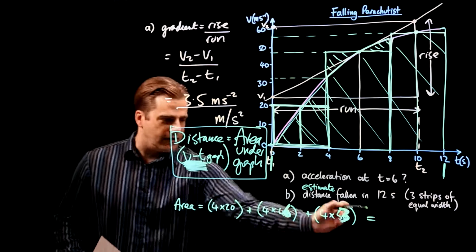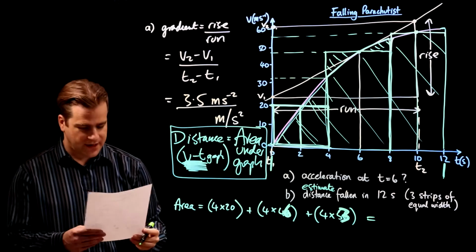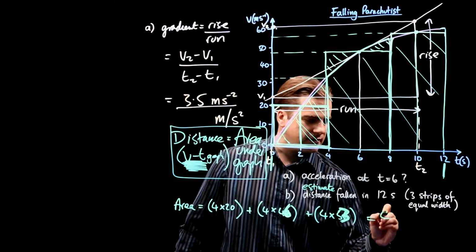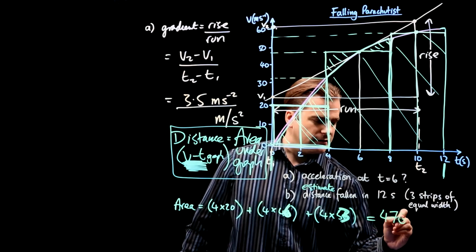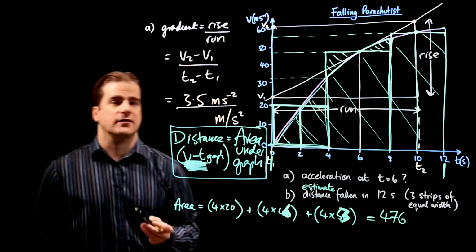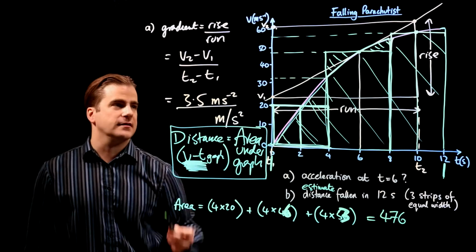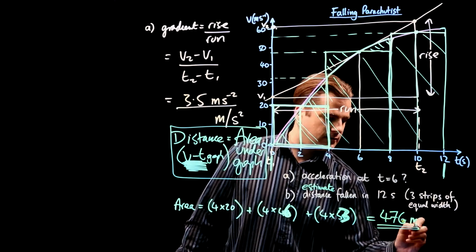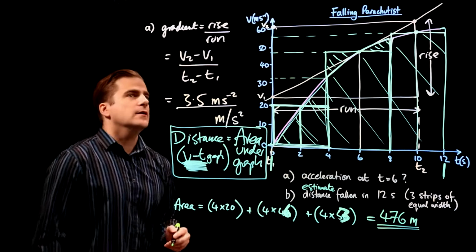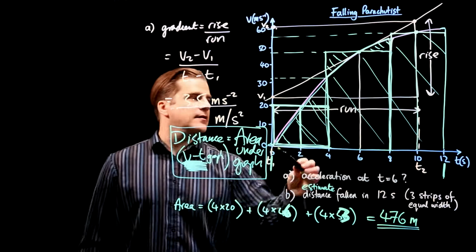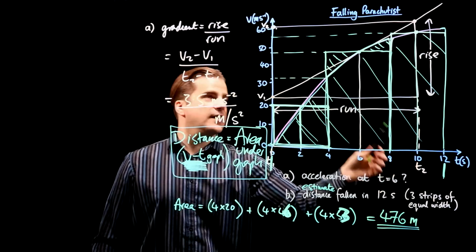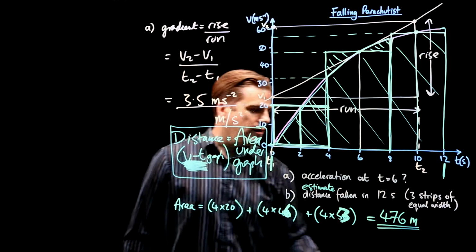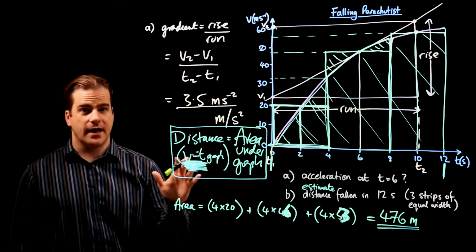Stick that in the calculator or do it in your head if you can. And it comes out as 476 meters. Which is what you'd expect. You're doing this times this, meters per second times seconds, you're left with meters. It's an estimate.